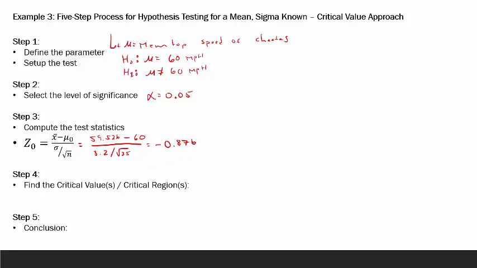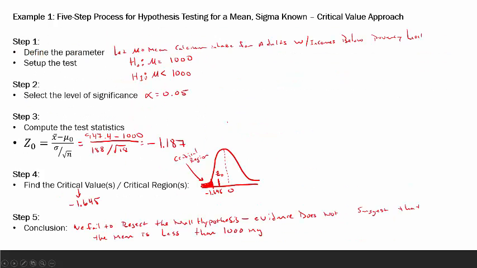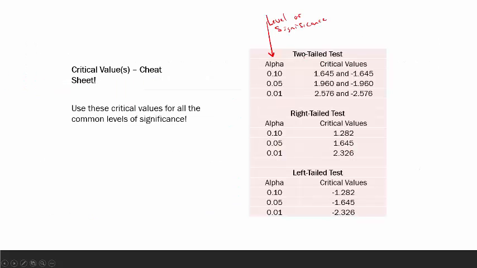Okay, so now let's find the critical value. This was a two-tailed test, and the level of significance is 0.05. So we're going to go back. Two-tailed test, level of significance 0.05. It's 1.960 and minus 1.960. It's a two-tailed test, so there are two critical values.